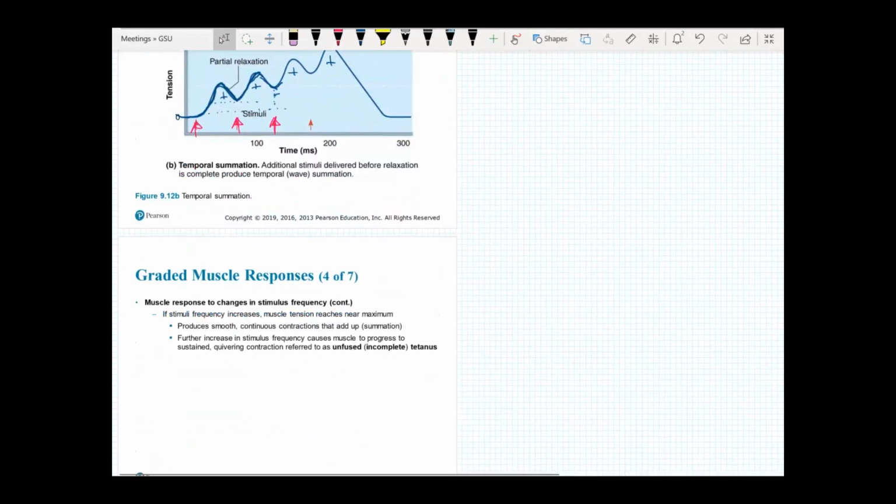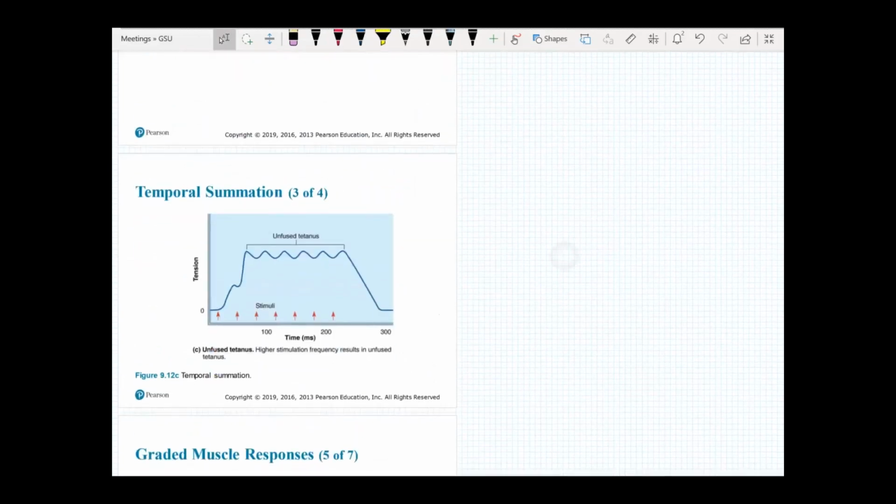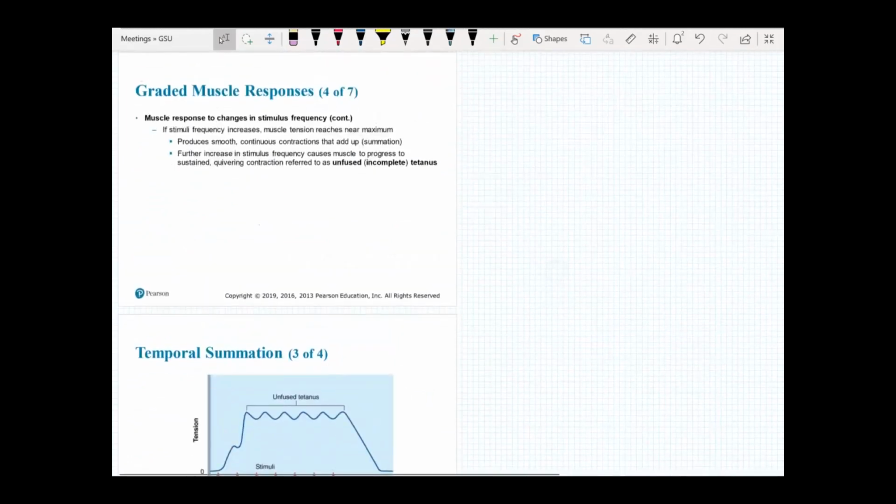This can keep going when stimulating at a faster and faster rate. So these little red lines can get a whole lot closer together. So when we're stimulating at a faster rate, there's a couple things that can happen. If we keep getting faster, the muscle tension will hit maximum. At some point, your muscle tension will cap out.